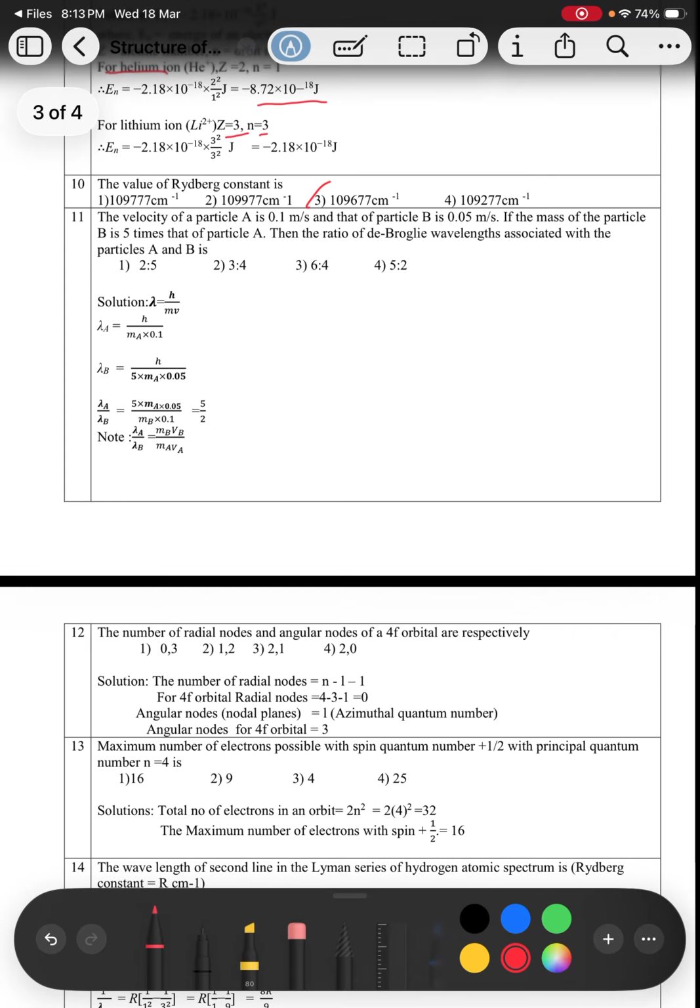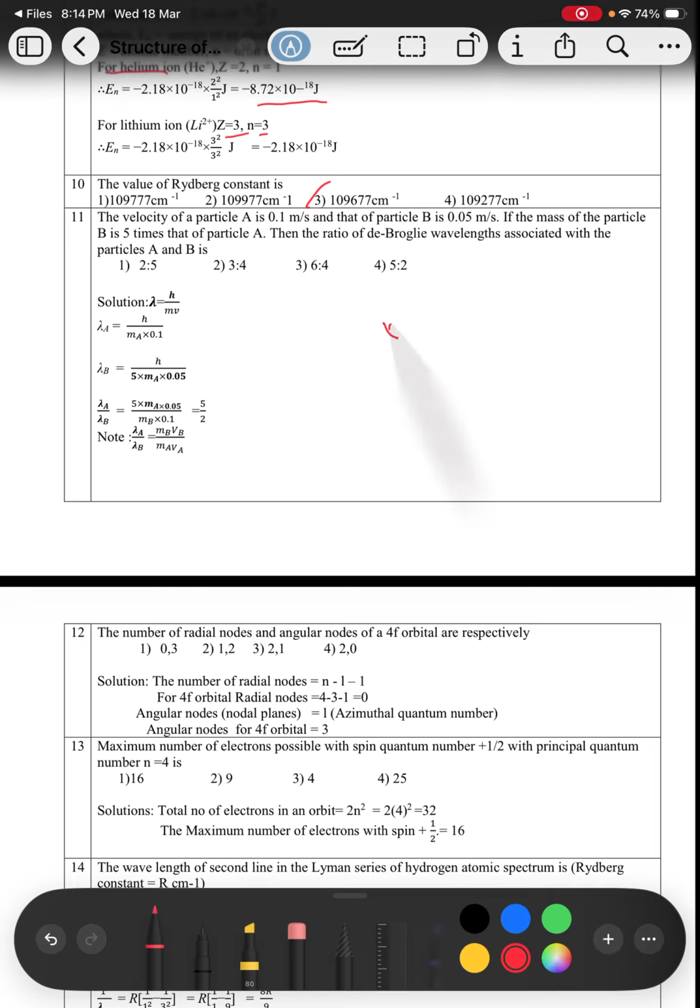Next, 11th one, the velocity of a particle A is 0.1 meters per second and that of particle B is 0.05 meters per second. If the mass of the particle B is 5 times that of the particle A, then the ratio of de Broglie's wavelength associated with the particles A and B is. According to de Broglie's wavelength, lambda equal to h by mv, where h is the Planck's constant, which is a standard value.